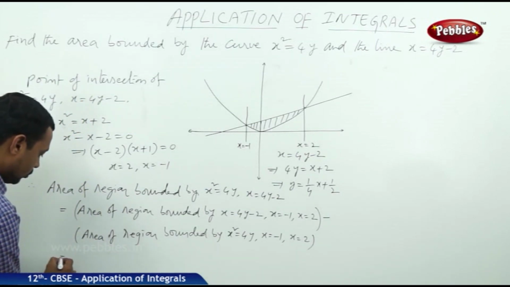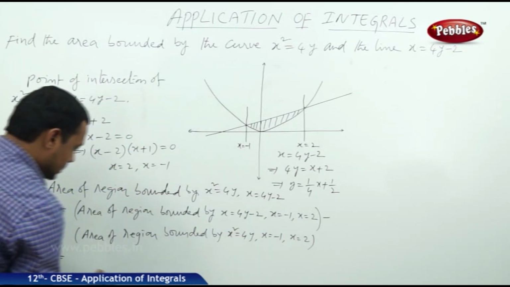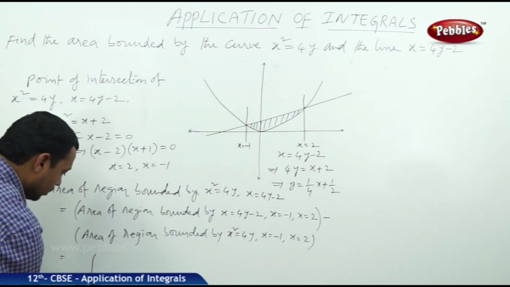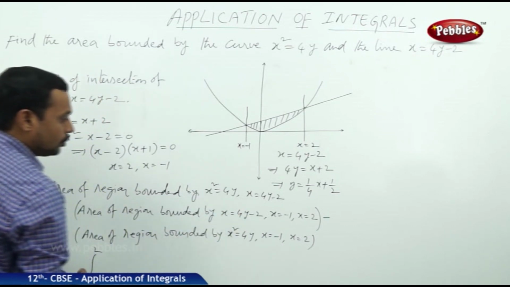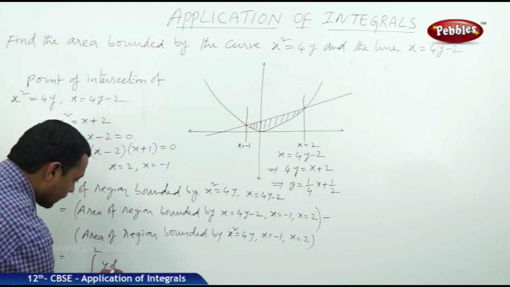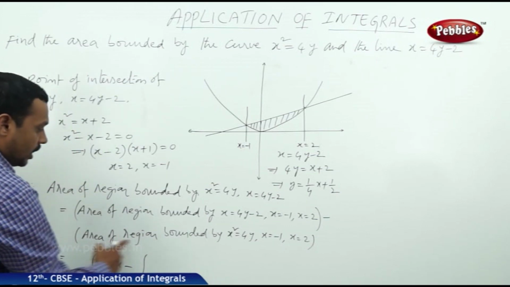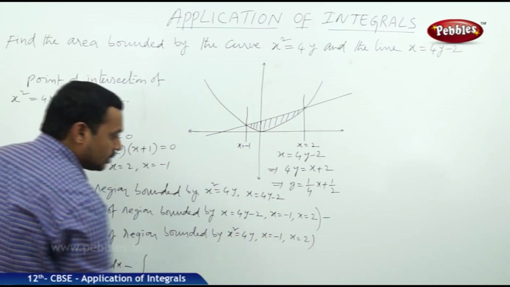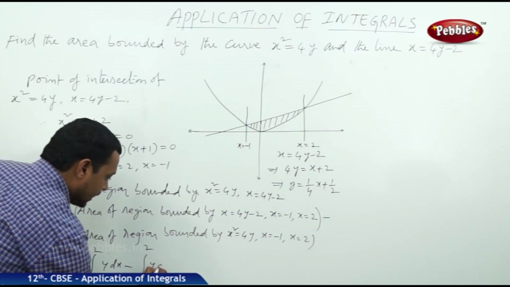That is equal to, now the area of the region bounded by the line between the limits, that is integral minus 1 to 2 y dx, minus integral, now the area of the region bounded by this curve under the limits minus 1 to 2, that is integral minus 1 to 2 y dx.